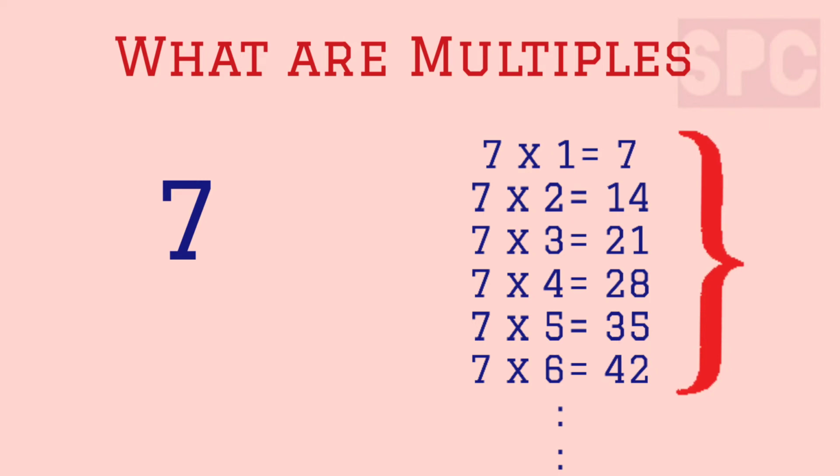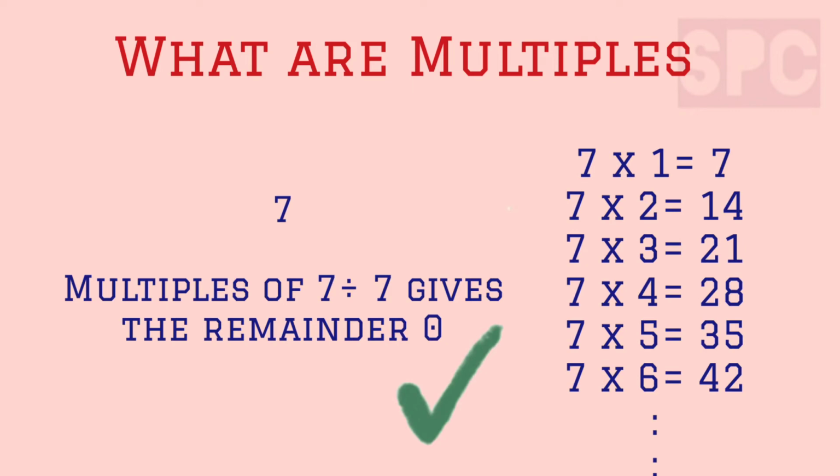So as far as the multiples of 7 are concerned, you can say that 7, 14, 21, 28, 35, 42, all these are multiples of 7. When you divide these multiples by 7, you will get a remainder 0. It means these multiples will be fully and completely divisible by 7.